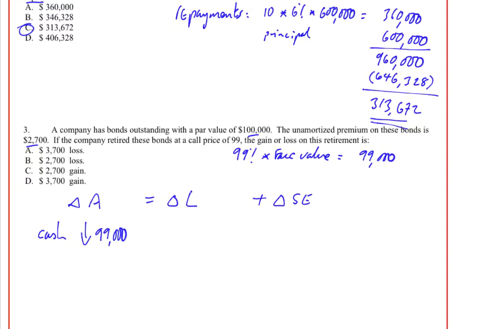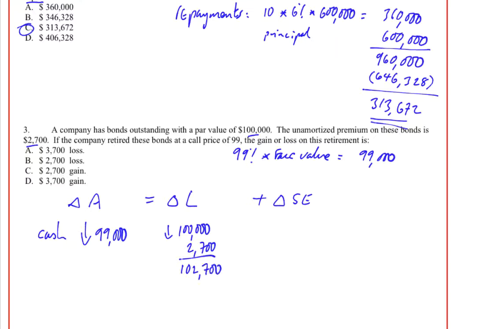The liabilities go down by whatever the book value of the bonds were, and we know that the book value of the bonds is 100,000 for the face value, but also a further 2,700 for the unamortized premium on bonds.